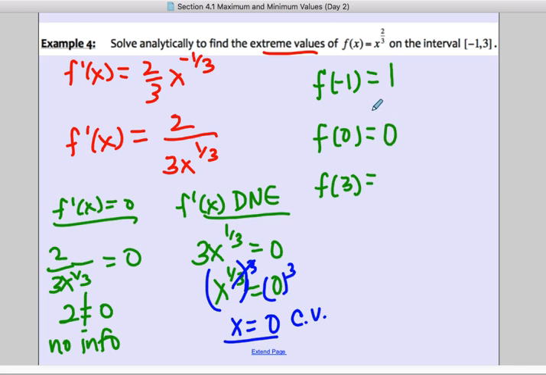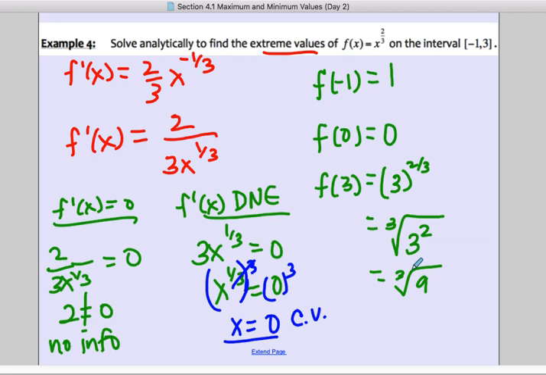If I plug in 3, this one looks a little funny. We want to stick with exact answers. It is really saying the cube root of 3 squared. So it's the cube root of 9, which you can't do, okay? You can do, but sorry, it's not a perfect cube root. The cube root of 8 is, but not the cube root of 9.